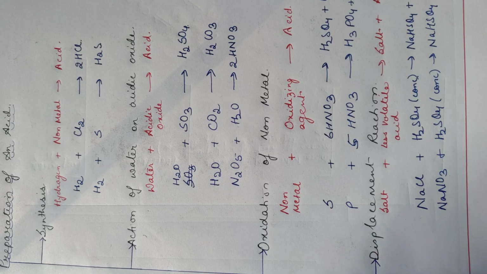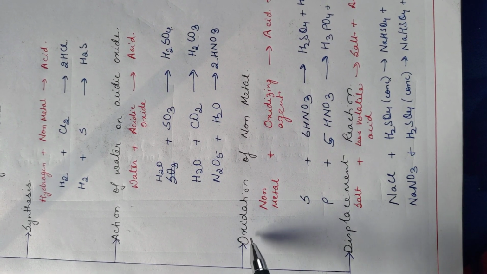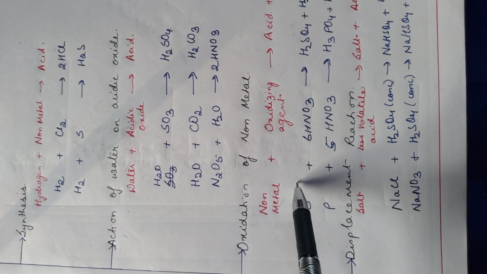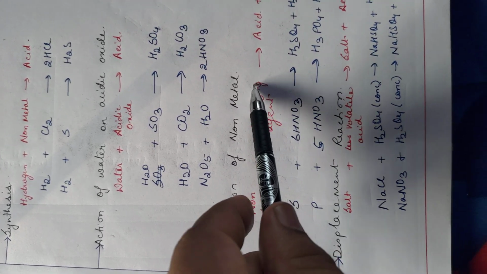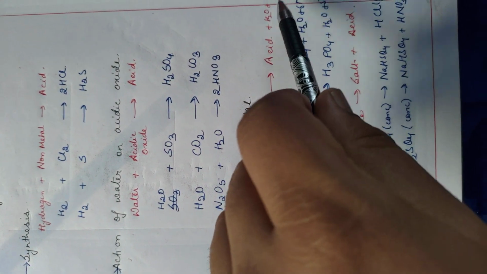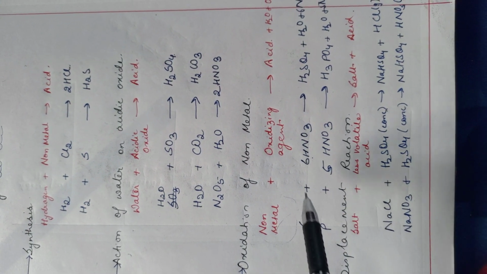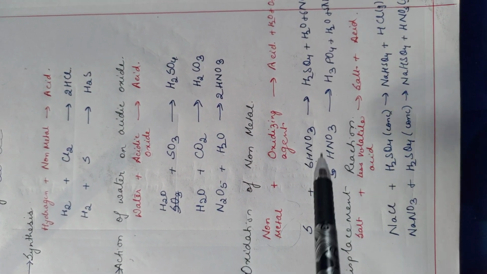The next method that we deal with is called oxidation of non-metal. Non-metals in presence of strong oxidizing agents such as HNO3 will produce your acid, water and nitrogen dioxide. So here is an example. Sulfur will produce sulfuric acid, phosphorus will produce phosphoric acid.